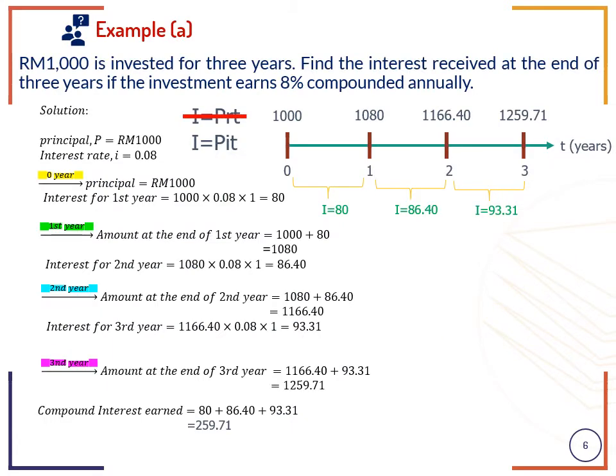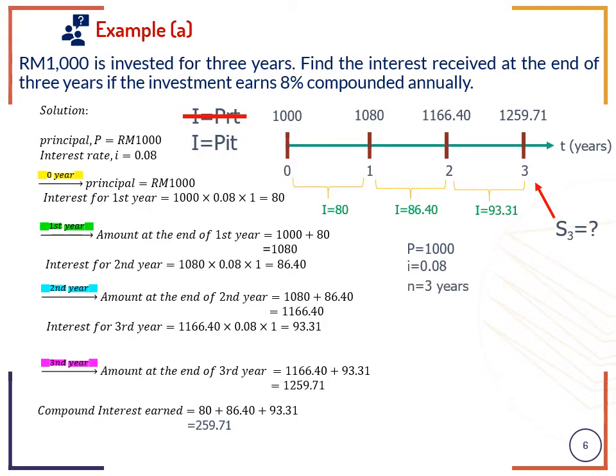Now, from example A, let's calculate the amount at the end of 3 years by using compound interest formula. As given, the amount of principal P is equal to 1,000, interest rate is equal to 8% or 0.08, and n is equal to 3 years.